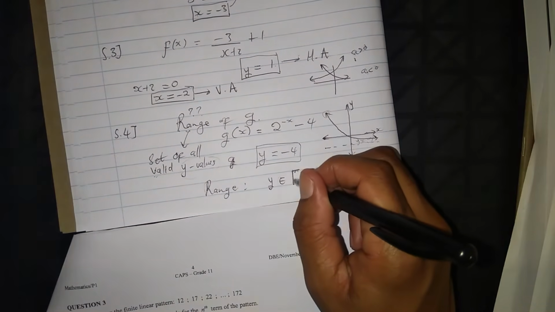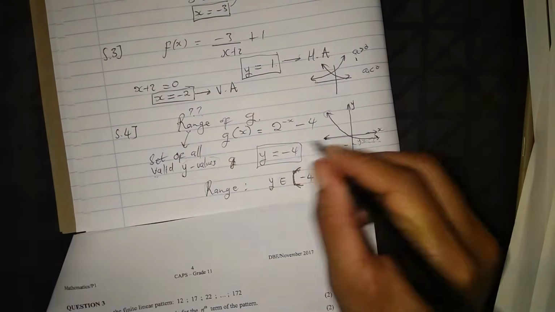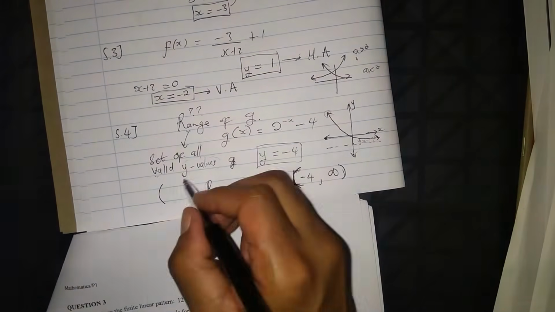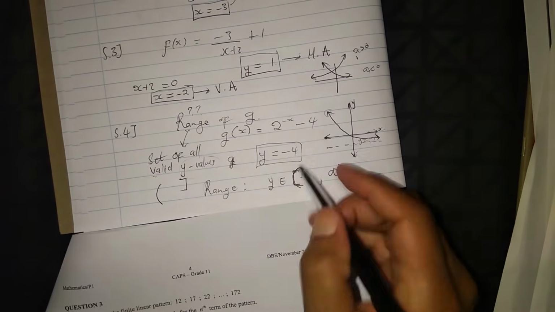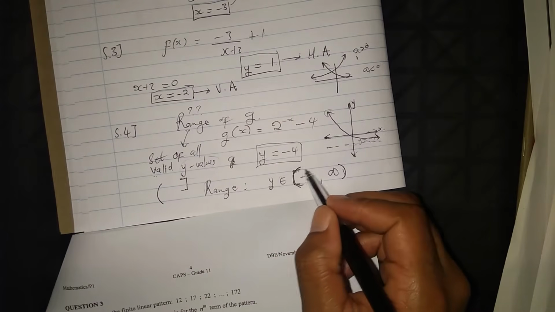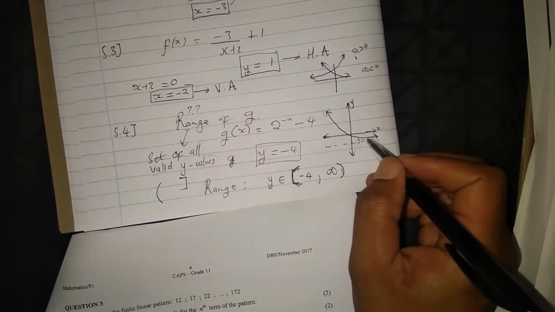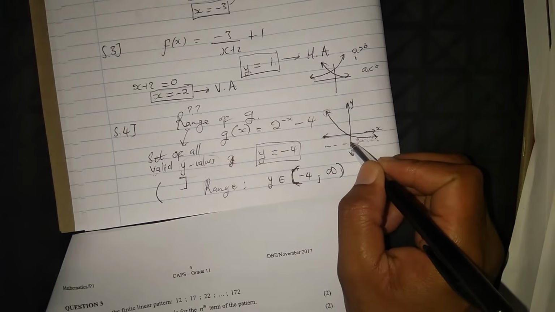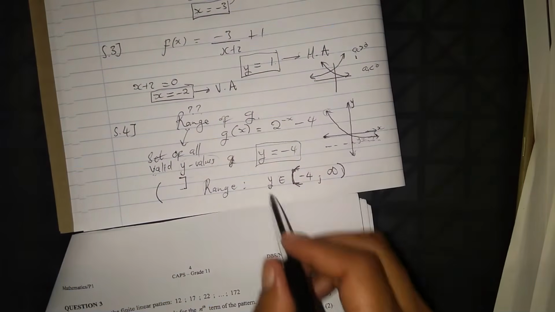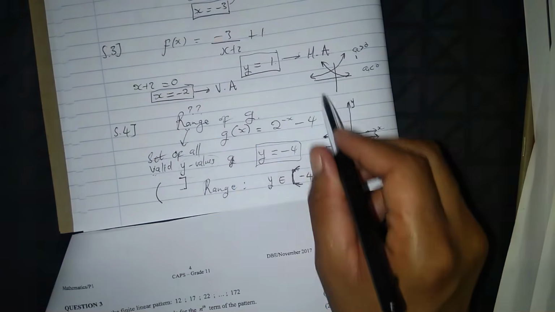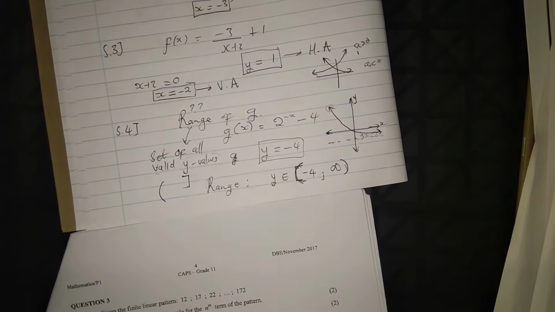The round bracket means excluded, the square bracket means included. So y is an element of -4 excluded all the way up to infinity. That's our range, that's where our graph is valid. I stop here.